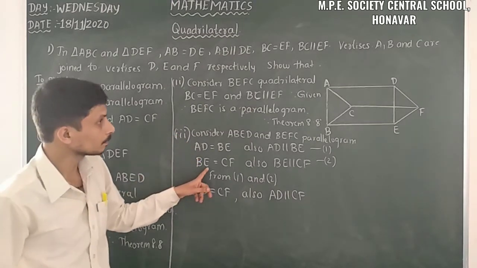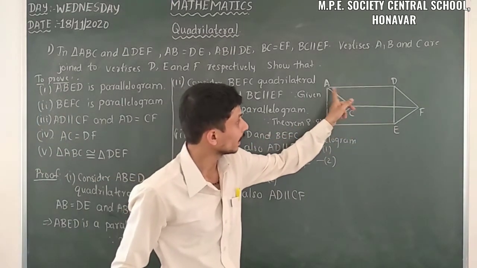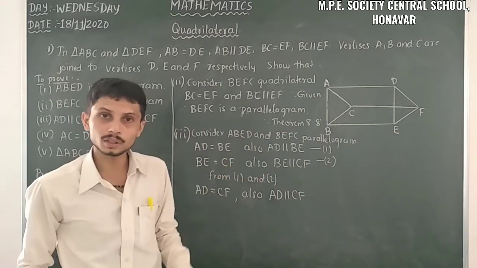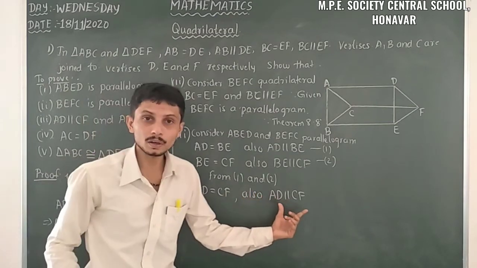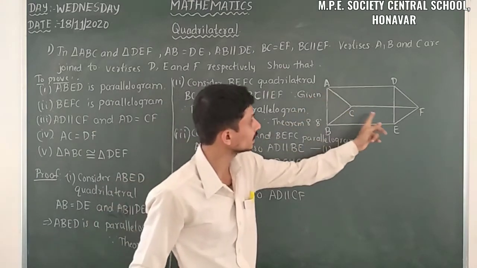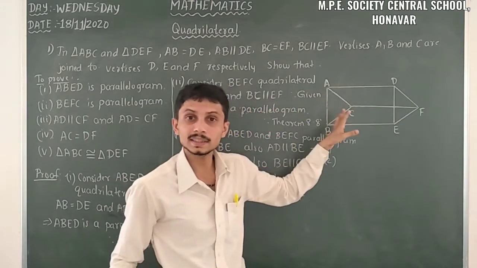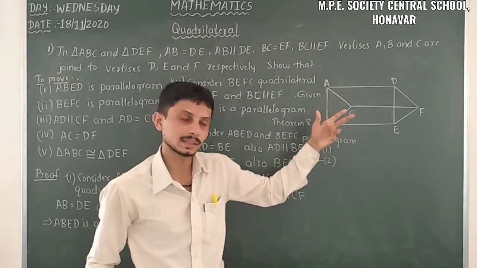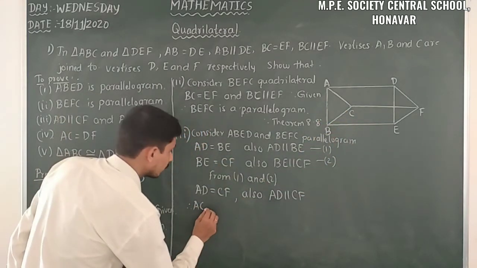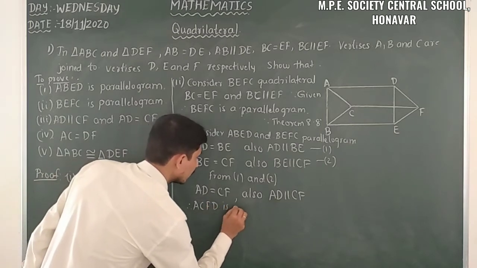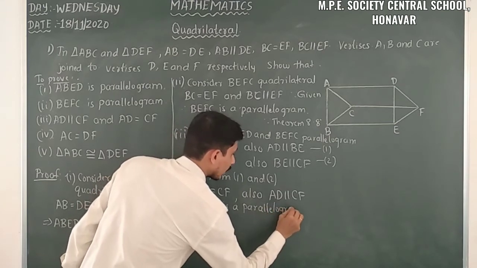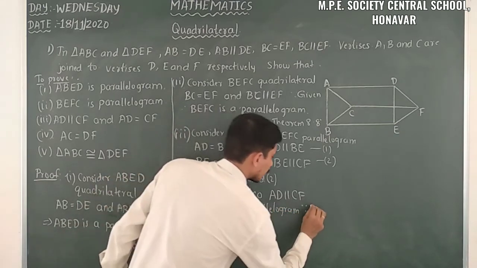That means one pair of opposite sides is equal and parallel. Then we can consider ACFD is a parallelogram, because of theorem 8.8.